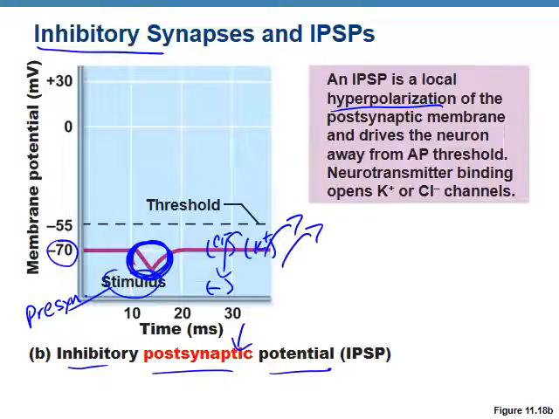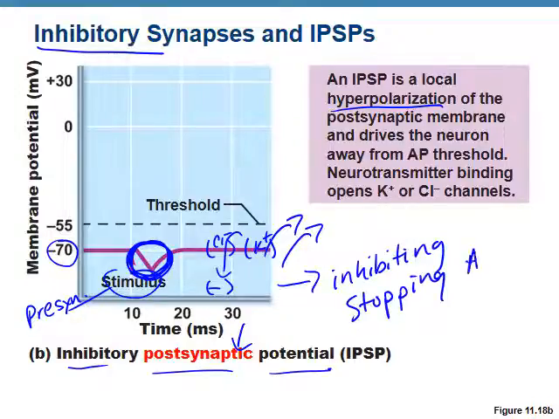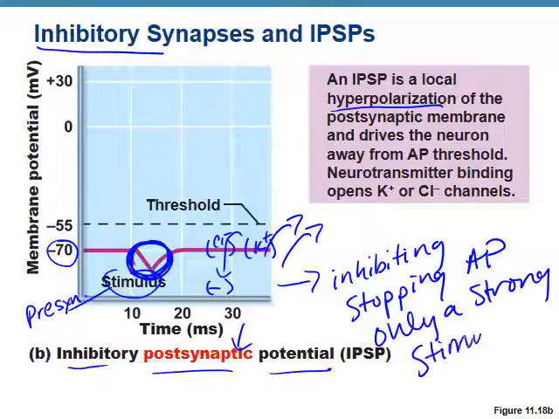So basically this is inhibiting or stopping an action potential from being generated, or only a strong stimulus is going to cause this neuron to fire. Because we have to get from all the way down here up past threshold to generate an action potential.